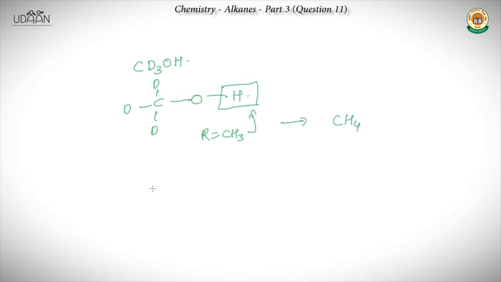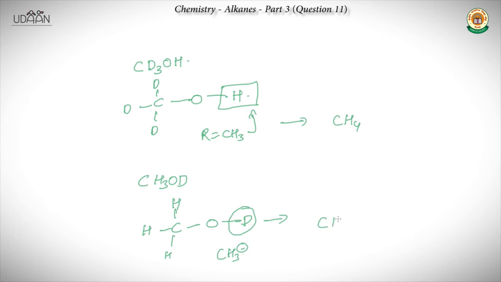Now consider the next case, where you have CH3OD. Now here the acidic hydrogen is a deuterium atom, and you will get CH3D. Okay, alright.